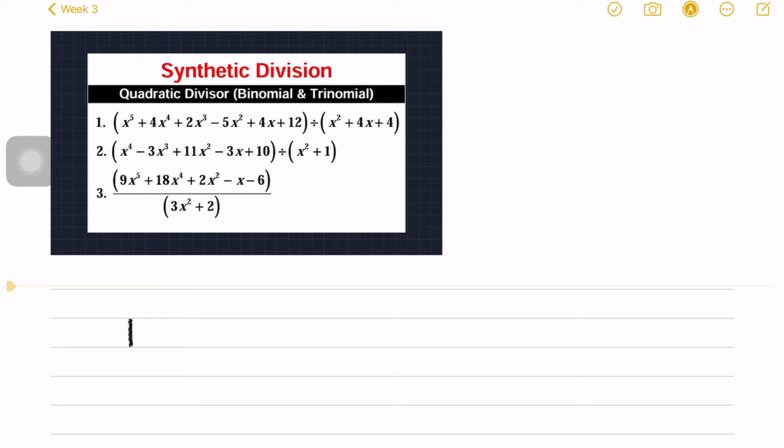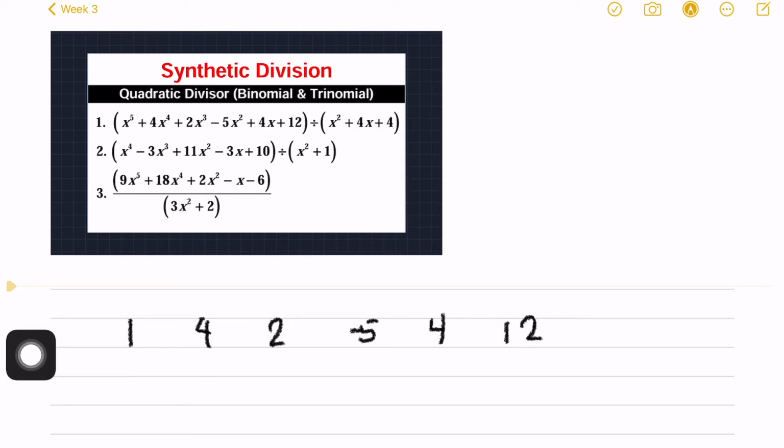1 for x raised to 5, 4 for x raised to 4, 2 for x cubed, negative 5 for x squared, 4 for x, and 12 for the constant term. Now, our divisor is x squared plus 4x plus 4. Dito, dalawang numbers ang gagamitin natin na ilalagay natin sa corner.